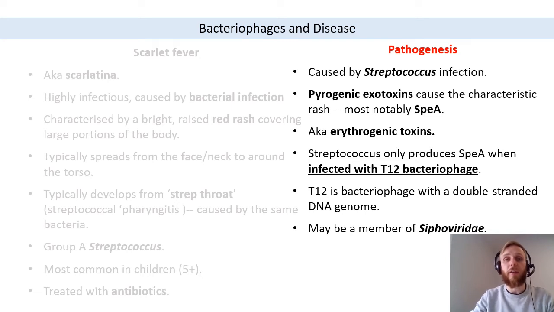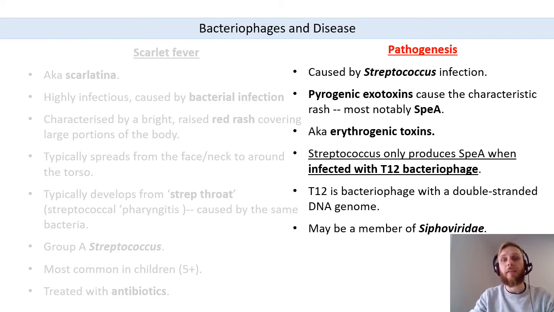And again, to do this, the bacteriophage is introducing a gene into the bacterial genome. This gene encodes an exotoxin. There's a couple of different ones, but the most notable one is SPE8. It's a pyrogenic. So again, we can break that word up, pyrogenic, a pyrogenic exotoxin. And this is what causes or enables the bacteria to cause disease symptoms.